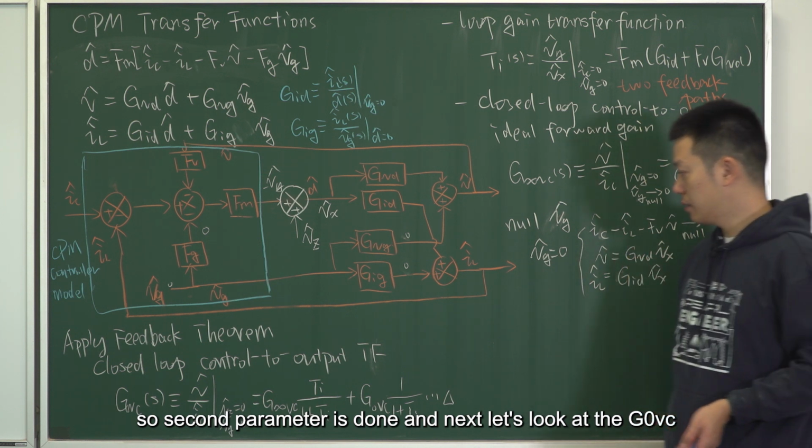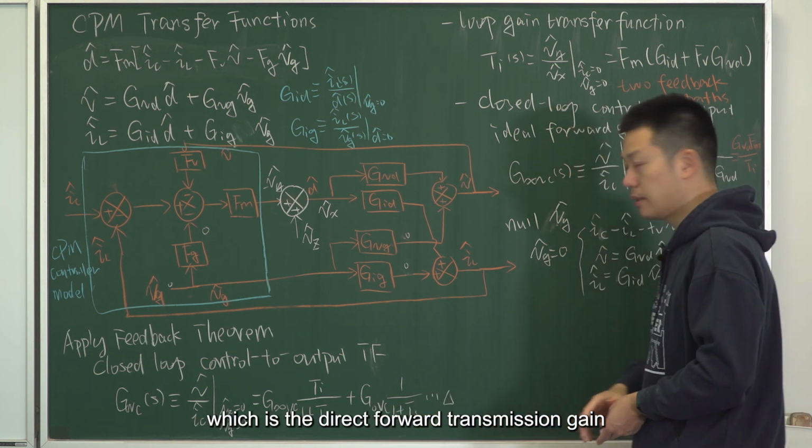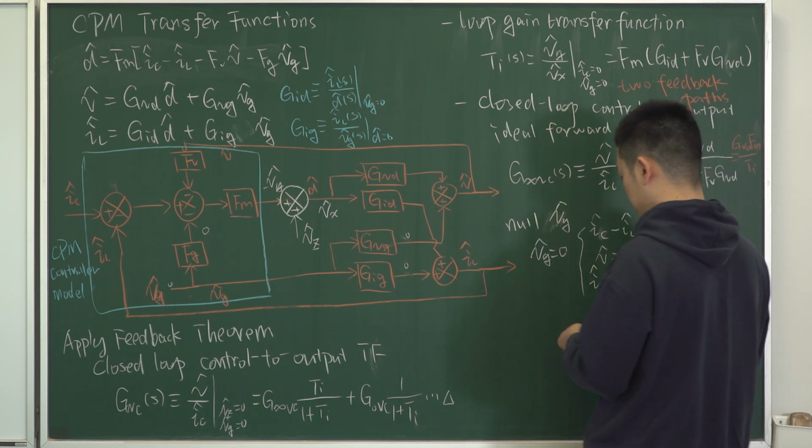Next, let's look at G0 Vc, which is the direct forward transmission gain.